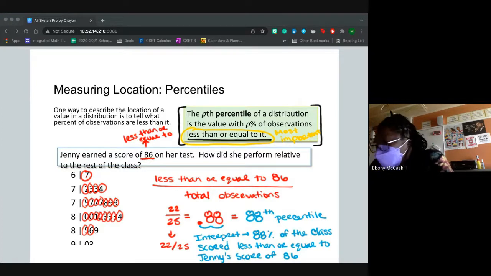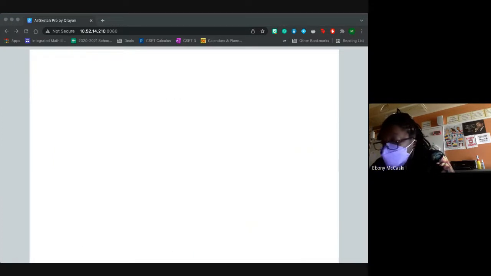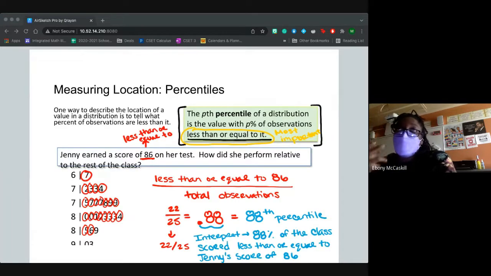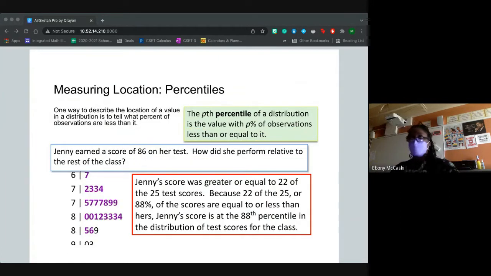So what I want you to notice is that in a moment, I'm going to move to the next slide that just has the answer. Notice how when I went through the work, I annotated everything I can in order to make sense of it. If you go to the next slide, notice how it's the same slide, but all it has is the answer in red.